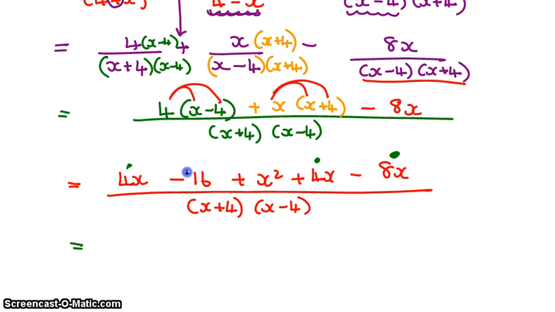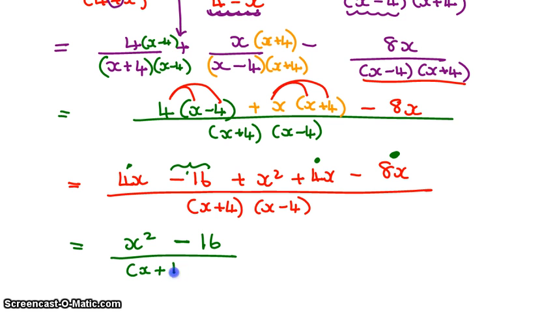So I've got minus 16 and plus x squared. Now, as soon as I write it down that way, I think to myself, don't I normally write down x squareds first? And can't I rather write that as x squared minus 16? Now, I'm also saying that because that I immediately recognize as a difference of squares, whereas minus 16 plus x squared I don't recognize. And don't forget, I'm more than welcome to swap them around as long as they keep their signs with them. So it was minus 16.